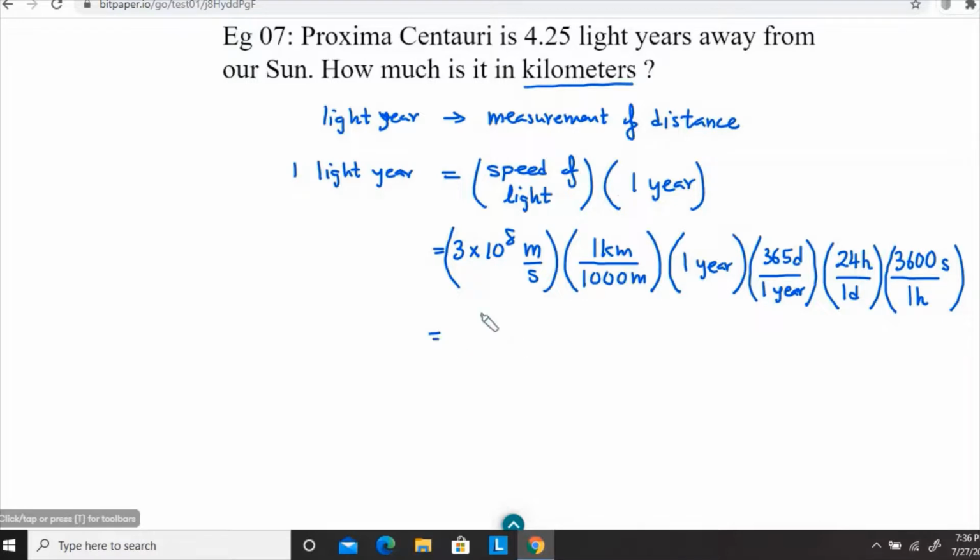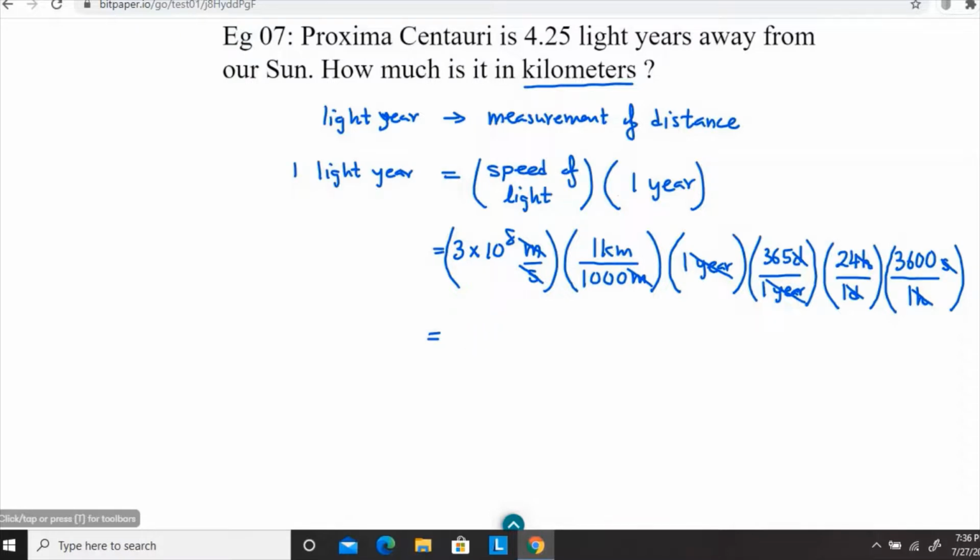So now I have these unit terms, and then I can cancel them out just like algebraic terms. So I can see a meter in the numerator and a meter in the denominator, year in the numerator, year in the denominator, days, they cancel out, hours, that cancels out, and even the seconds over here cancels out with the seconds over here in the denominator. So the final unit I end up is kilometers.